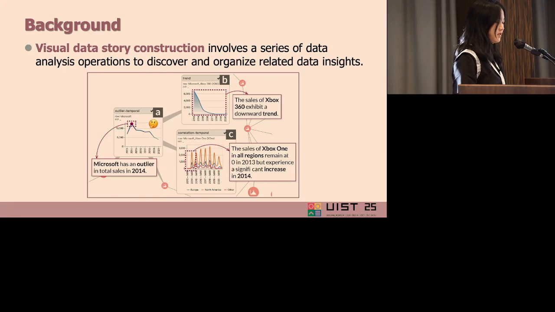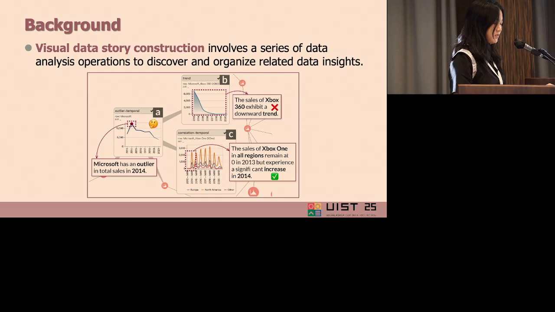She reveals many insights, most of which are not directly related to the outlier, such as Insight B. The sales of Xbox 360 exhibit a downward trend, and there is no abrupt rise in 2014, which is irrelevant to Insight A's outlier. Until the user discovers Insight C: the sales of Xbox One in all regions remain at zero in 2013, but experienced a significant increase in 2014.